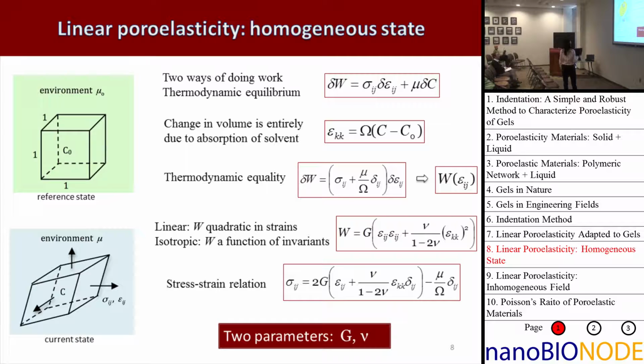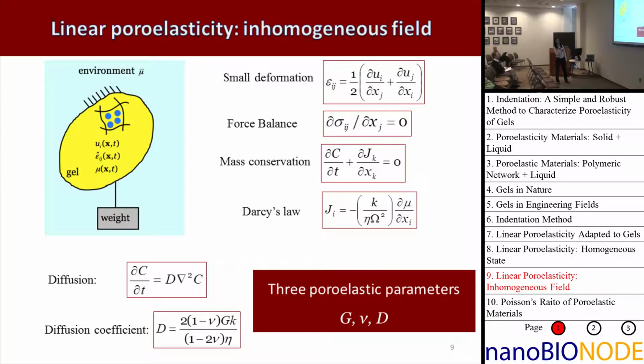And now let's take a gel body. Well, still the kinematics is small deformation, and the governing equation we have is force balance. And because we have mass transport inside the material, we have mass conservation. And the flux is driven by chemical potential gradient. Here we adapt Darcy's law, but it's not necessary.